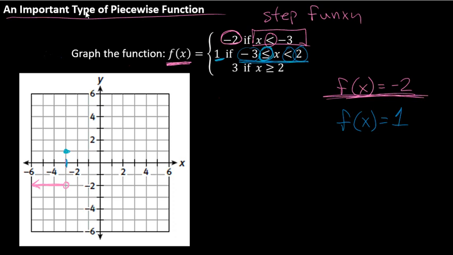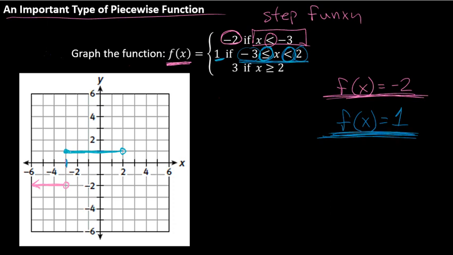It'll equal 1 all the way until we get to x is +2. Well, then are we going to use an open or closed? We're going to use an open because of that less than. So we are not going to include +2. And all in between here, f is constantly equal to 1.